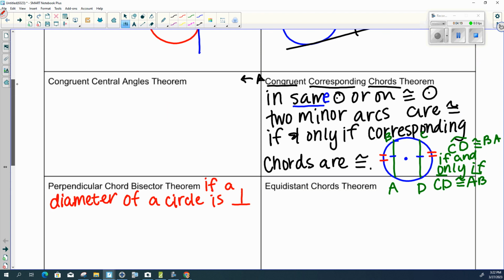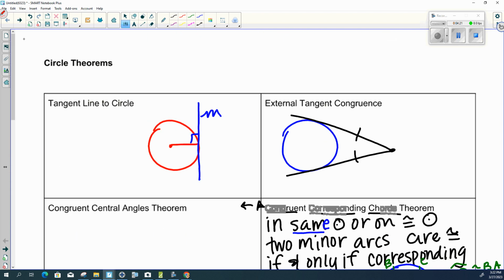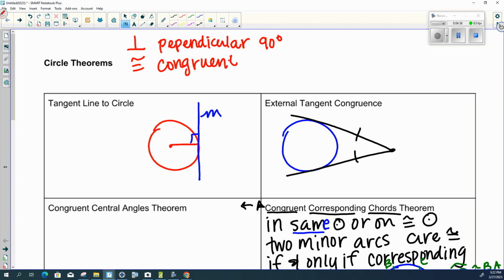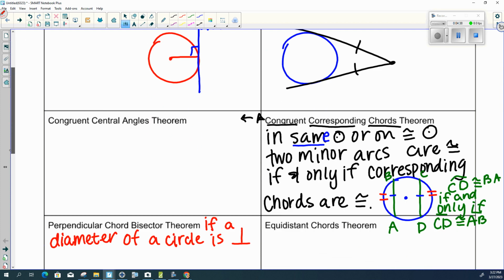This is perpendicular, and it means 90 degrees. I've also been using this shortcut. This means congruent, which is the same measure in a different location.